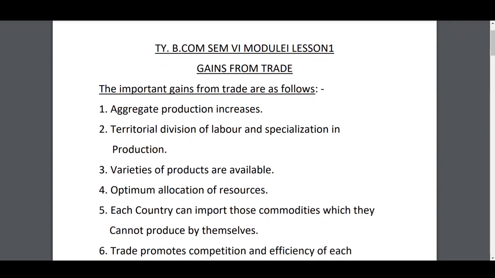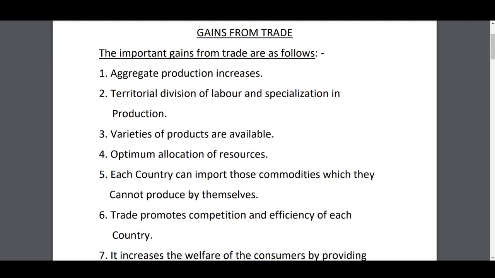And fifth point, each country can import those commodities which they cannot produce by themselves. That is the fifth gain or fifth benefit or fifth advantage from international trade.